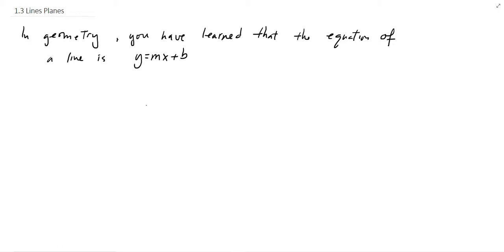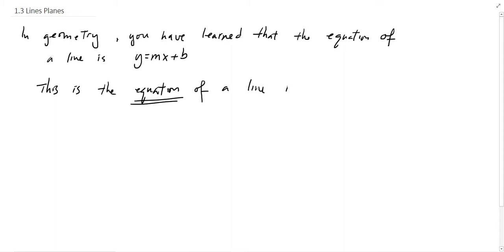What I want to talk about is the following. This is the equation of a line, but only in a certain dimension. This is the equation of a line on the xy plane only. This only describes a line on the xy plane, or what we refer to as R2.